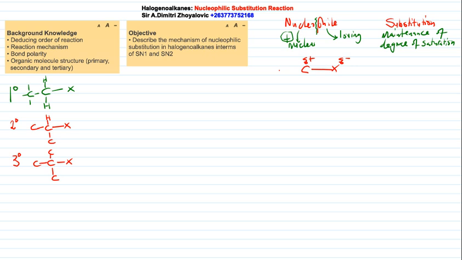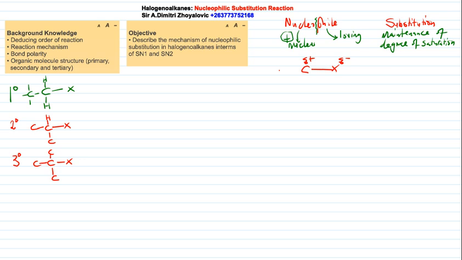Therefore, since this carbon atom is electron deficient, it is easily attacked by nucleophiles, which are molecules or ions having a lone pair of electrons.